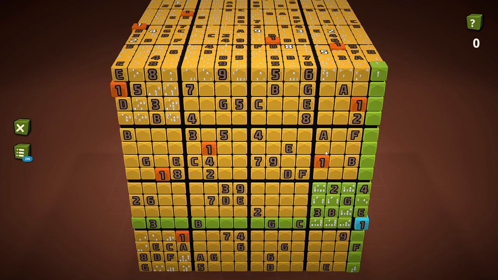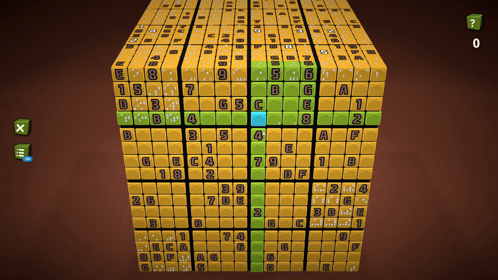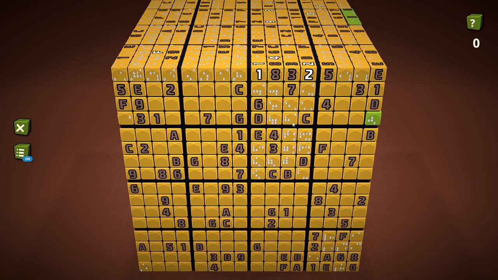So that's why I like to find sides, find areas that are almost filled, and then fill them that way. Like, here, let's do this square here. So one's at the top. Okay, wait. Okay, okay.